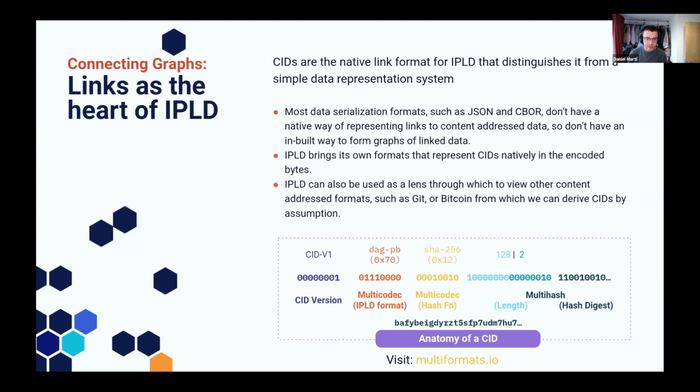And these CIDs can also be used to link to data that's outside of the IPLD realm, if you want to call it that. So for example, you could have a CID where the multicodec for the format of the data behind that link might be Git. So you could point to a Git commit using the right hash function and the Git multicodec. And then if I see that link, I know that what's behind there is a blob of Git data. It might be a commit, it might be a tree.